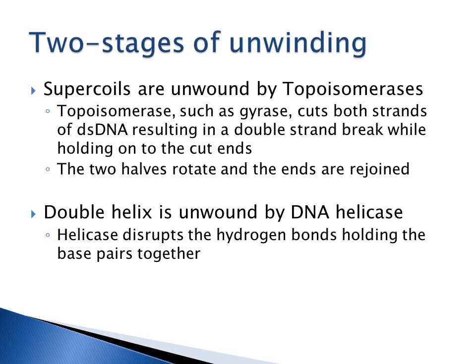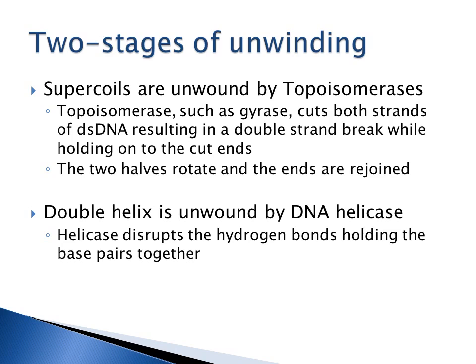Well, we do this through the use of enzymes. Our supercoils are unwound by topoisomerases. There are several topoisomerases. One very important topoisomerase is the enzyme gyrase. Gyrase cuts both strands of the double-stranded DNA, which results in a double-strand break.